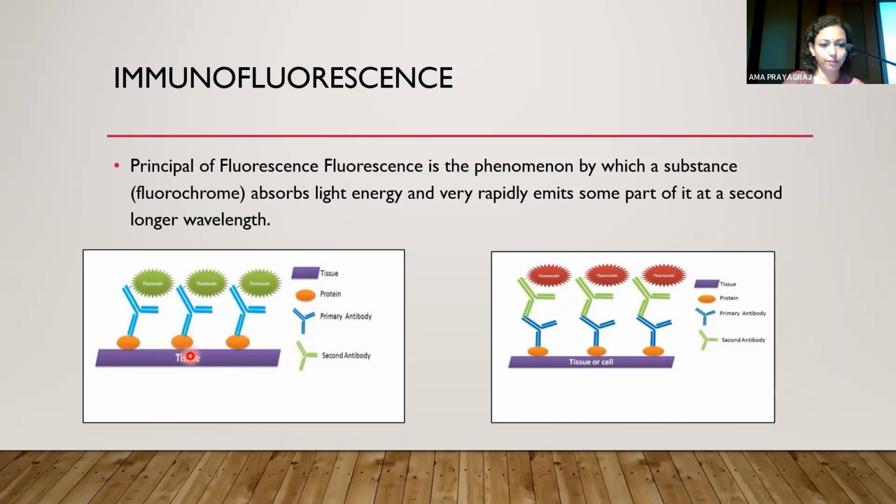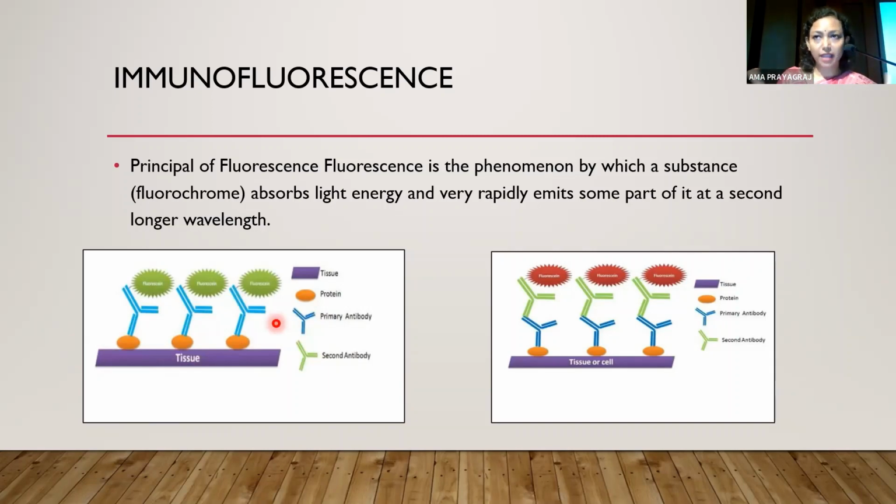These get deposited. Now what we do is take an antibody and label it with a fluorochrome. In our case, it is FITC, which is fluorescein isothiocyanate. We incubate the tissue with the antibody labeled with the fluorochrome.